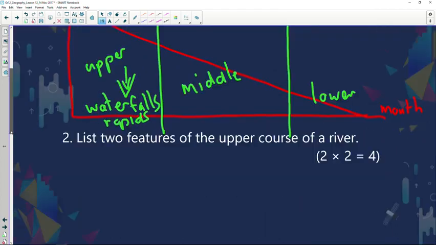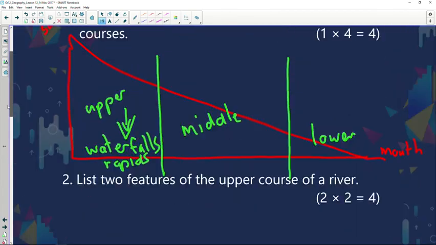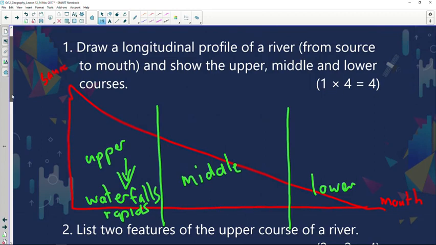Now if you look at our next question, describe a river in its lower course. Can you remember when we discussed the river profile? Lateral and vertical erosion taking place. If you look at the river bed, it's getting deeper and wider. But what happens at the lower course?